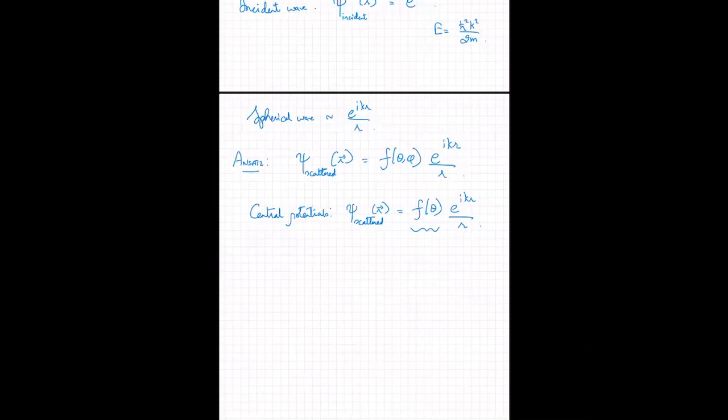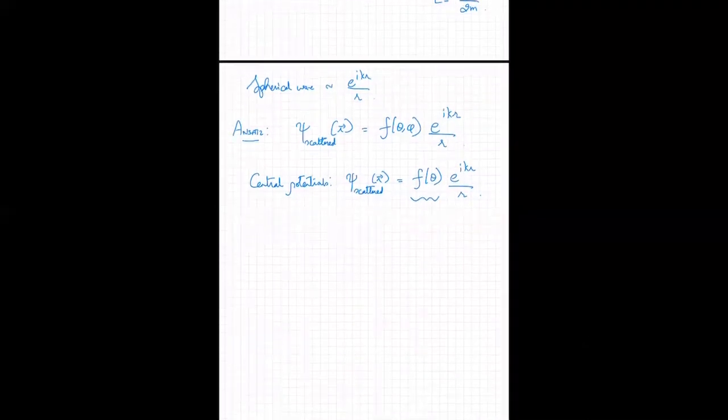So this is looking at regions very, very large compared to the region where this scattering is actually taking place. Okay, so in these regions, basically the particle is a free particle, so I don't have to worry about all these potentials anymore. So once the particle is scattered off, it is going to propagate as a spherical wave, and all I have to basically figure out is what is the amplitude of the spherical wave.